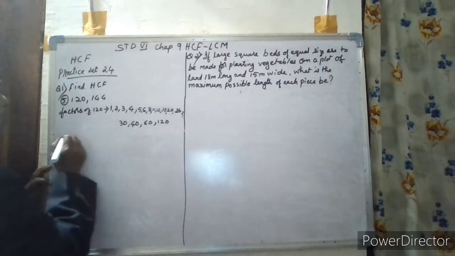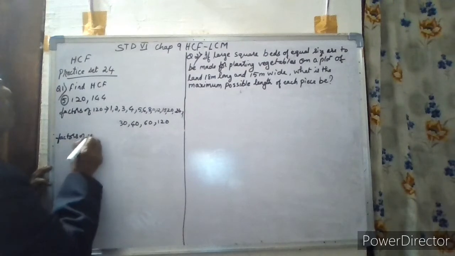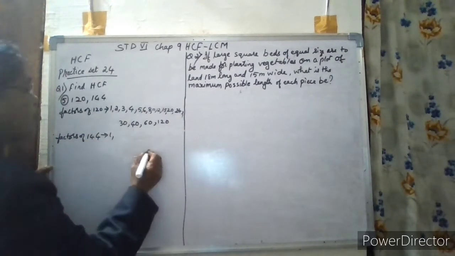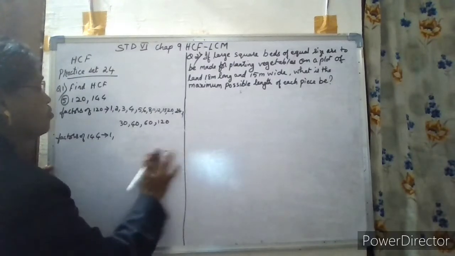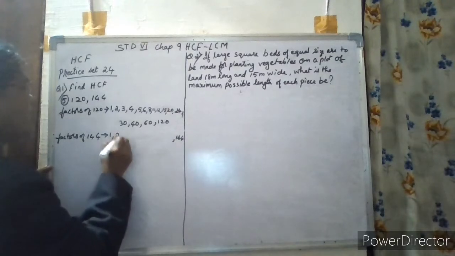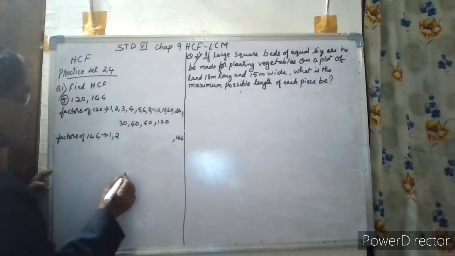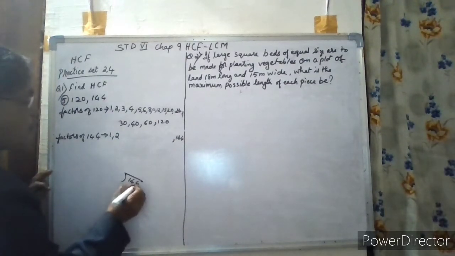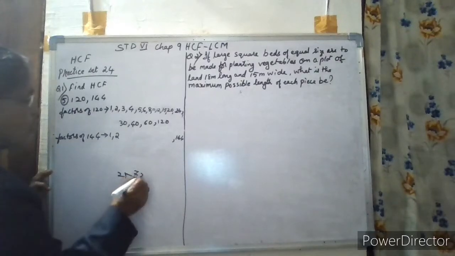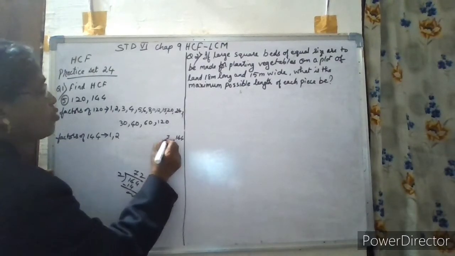Then come to the factors of 144. 1 and 144. Then 2, it will get divided by 2. 144 divided by 2 gives 72.